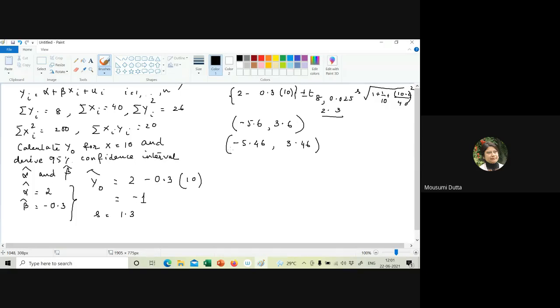Is there anyone for whom I need to repeat anything? Otherwise, please add one part. I'm not doing part B, which is given there in the book. Rather, we are adding one other part here.